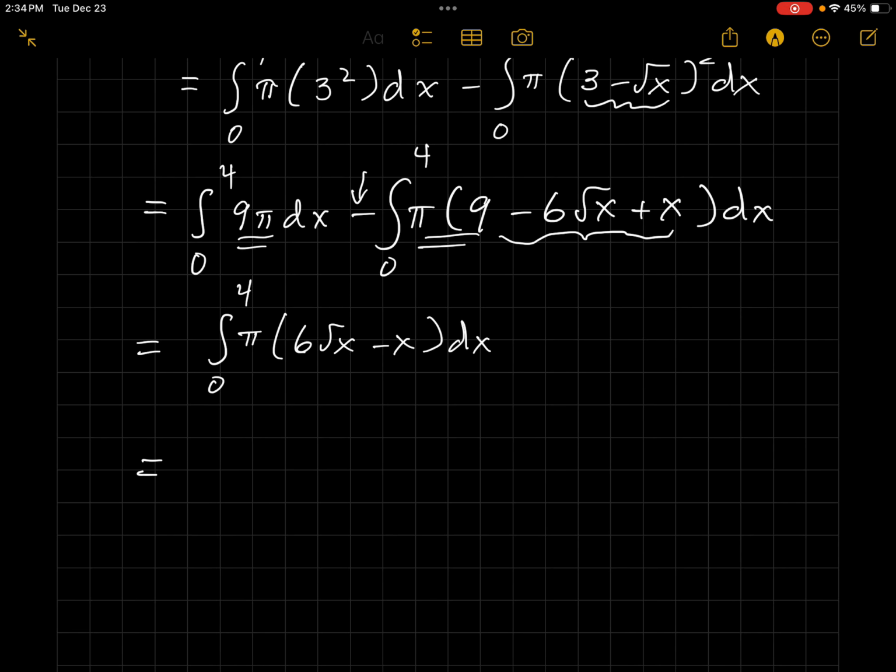And now we can integrate. I like to factor my constant out when I can. And we integrate x to the 1/2 goes to x to the 3/2 divided by 3/2. I flip and multiply. Minus x squared over 2. From x equals 0 to x equals 4.